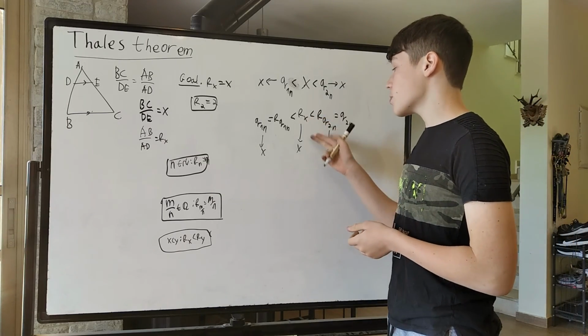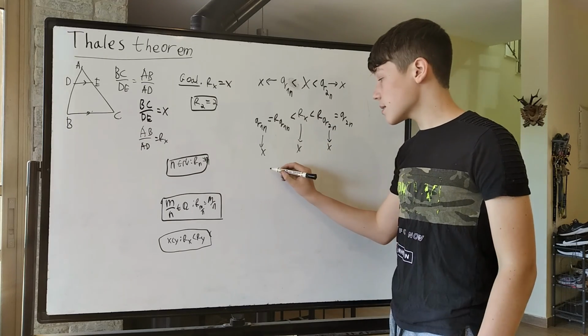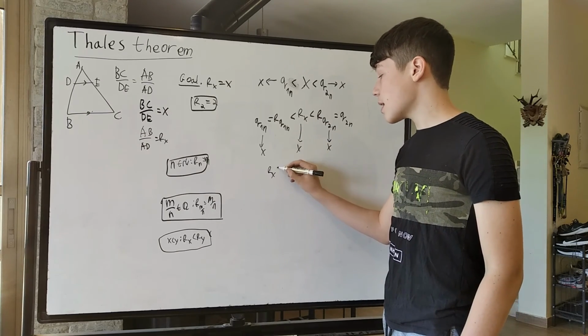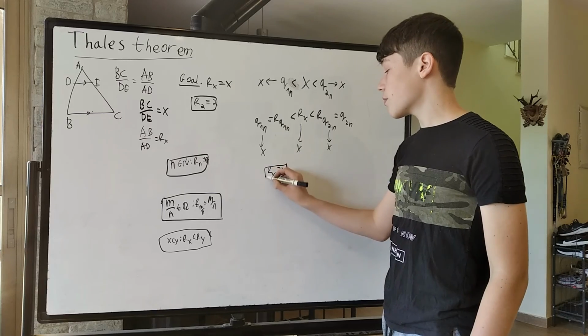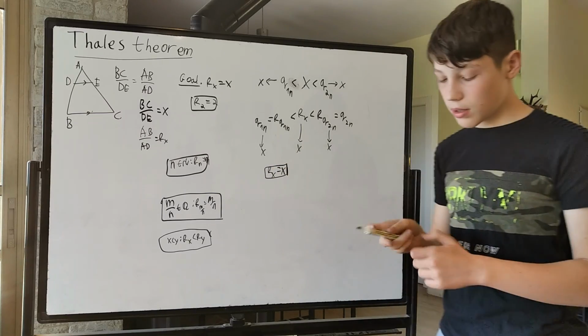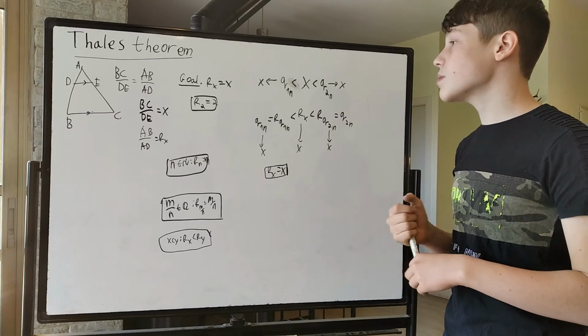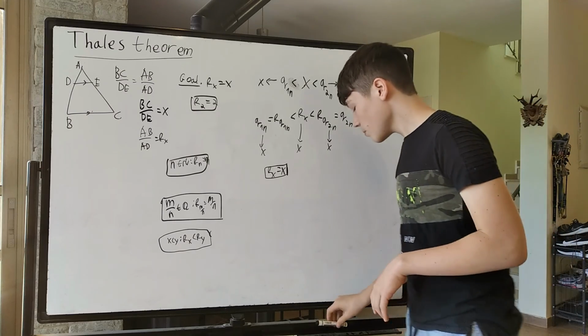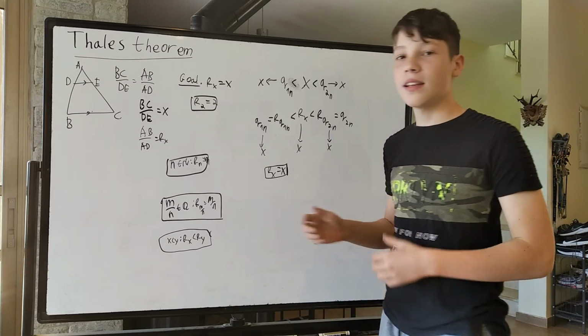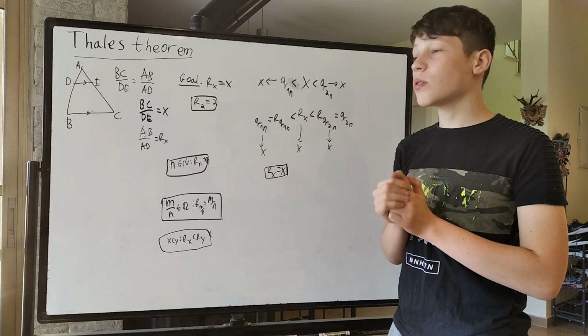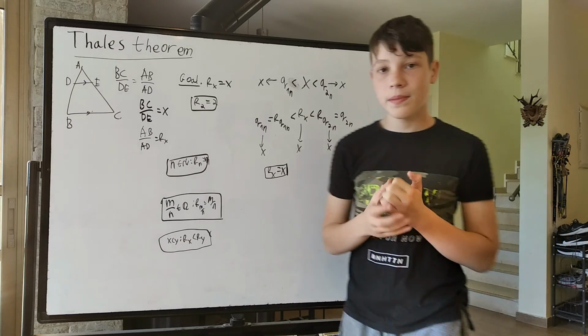So Rx approaches x and Rx, meaning that Rx has to equal x for all real numbers x that are obviously bigger than 1. Which proves Thales's theorem in the most overkill way possible.